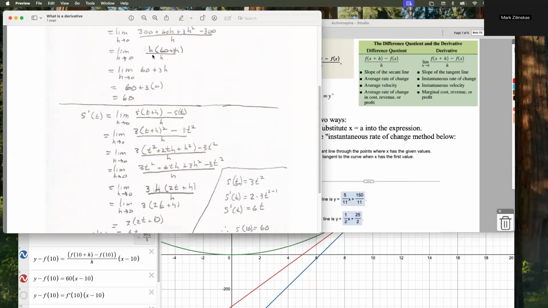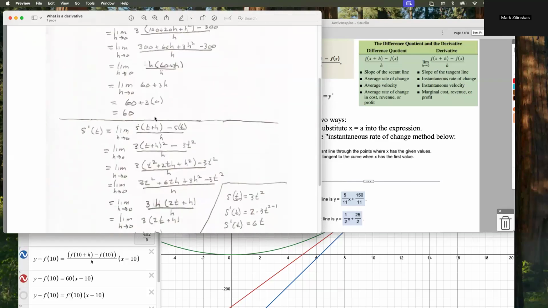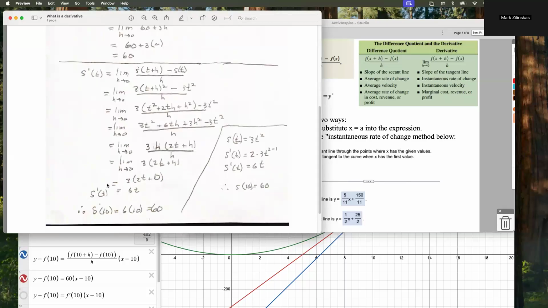Trust me, if I go through all this, I'm going to get 48. Well, it's a whole heck of a lot easier to just get this. Now if I want to know the instantaneous rate of change at 8 seconds, I just put in an 8. If I want to know at 7, I put in 7. I get 6 times 7, 42. How about 5? I'm going to take s prime of 5, and I get 6 times 5, which is 30, and so on.